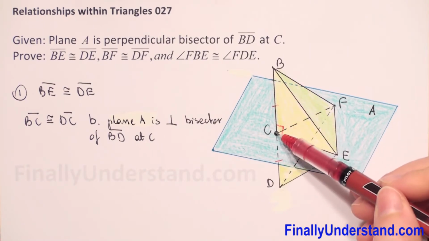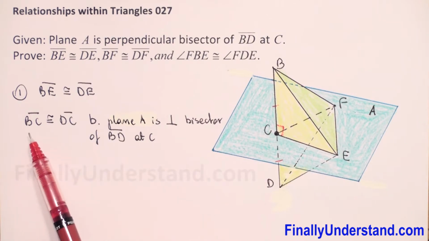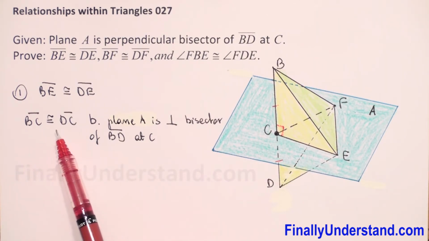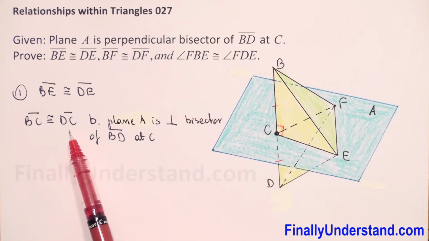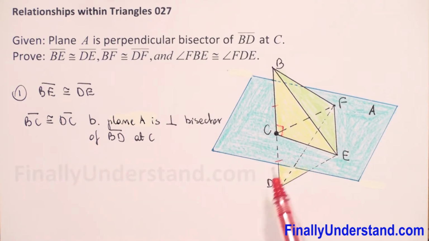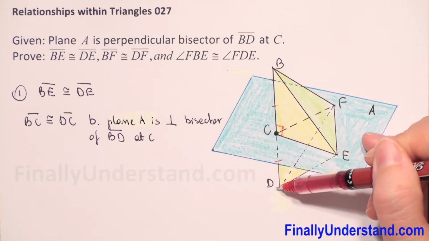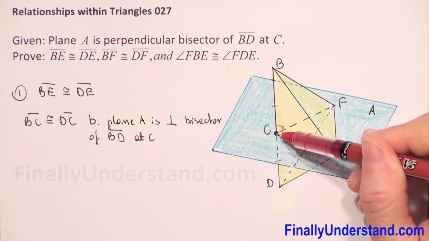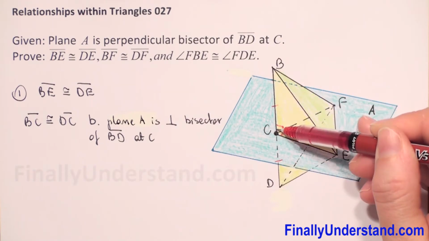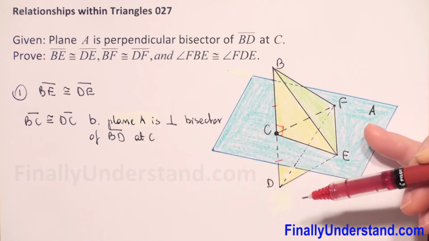So BC is equal to DC, so segment BC is congruent to segment DC because plane A is the perpendicular bisector of segment BD at point C. It means that this segment is congruent to that.